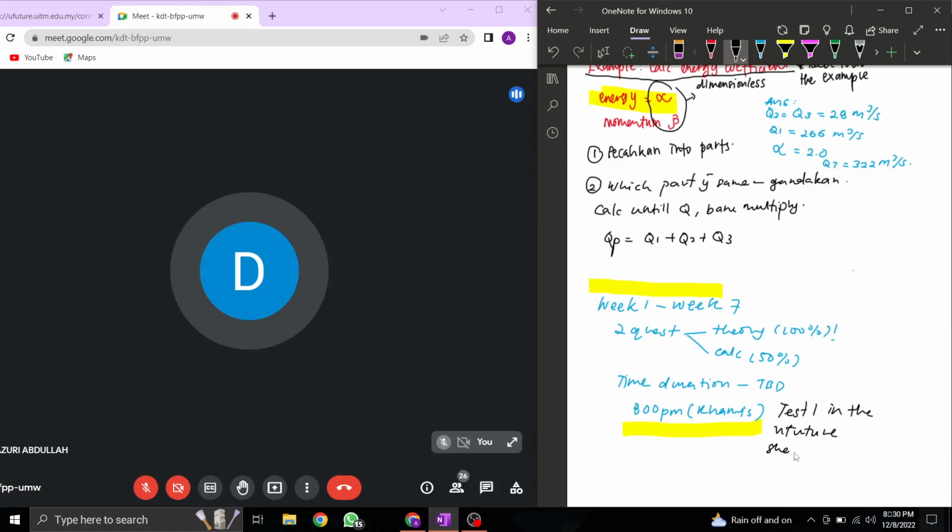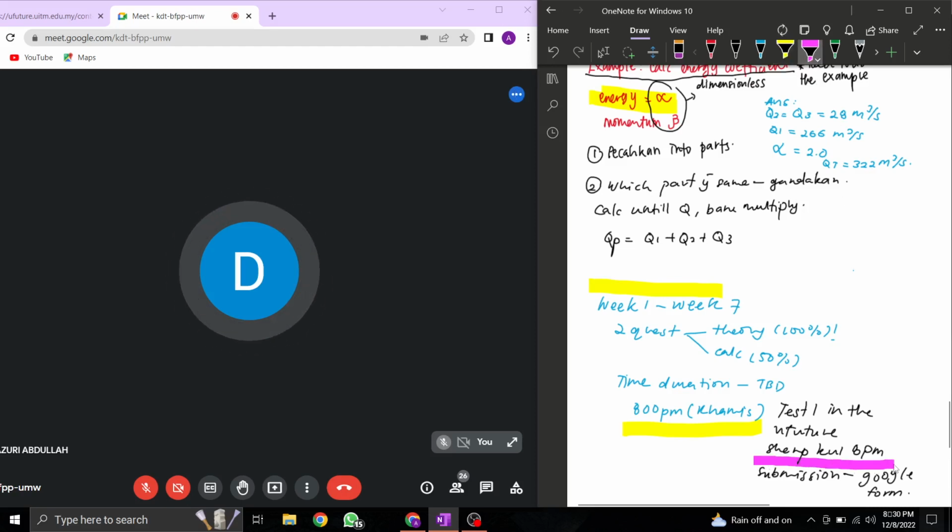Okay, so submission adalah melalui Google Form. Saya tak pasti lagi submission sebab selalunya saya akan minta pelajar submit guna Google Form. Okay, tapi in this case mungkin saya minta pelajar submit melalui U-Future. Tengoklah nanti instruction apa yang saya akan bagi. Okay, so itu berkenaan dengan test kita.